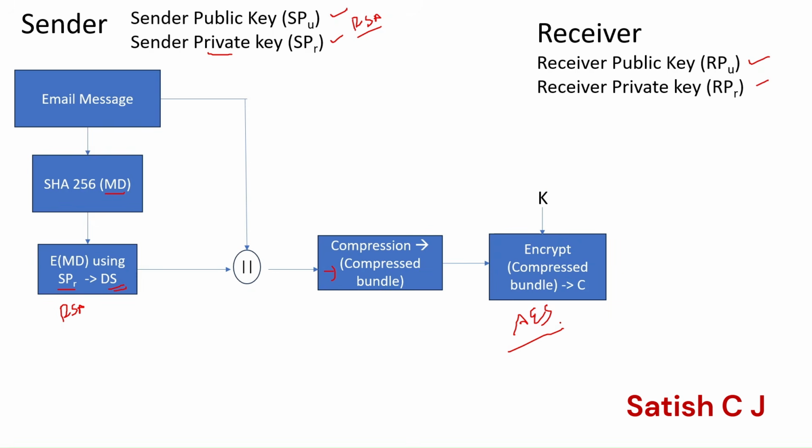The Advanced Encryption Standard uses a key. The key K is given as input, and the compressed bundle is encrypted, and we say the cipher we get is C.